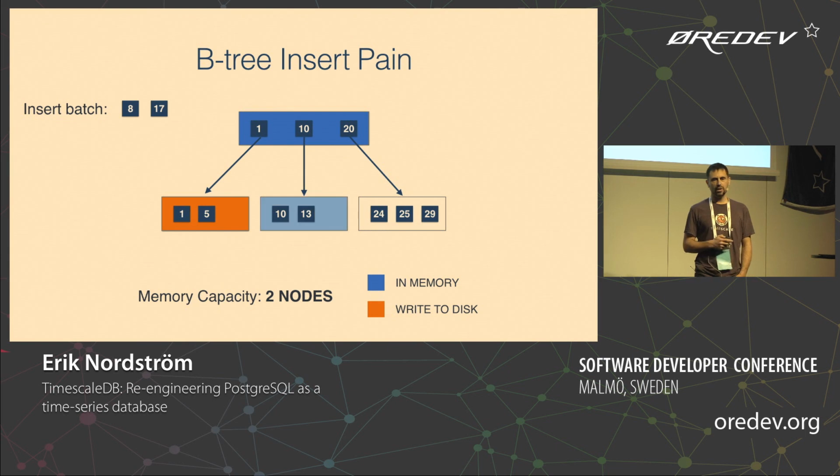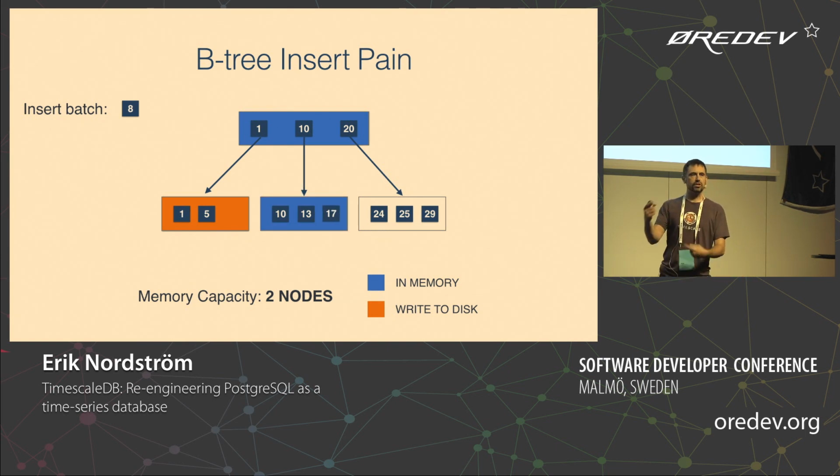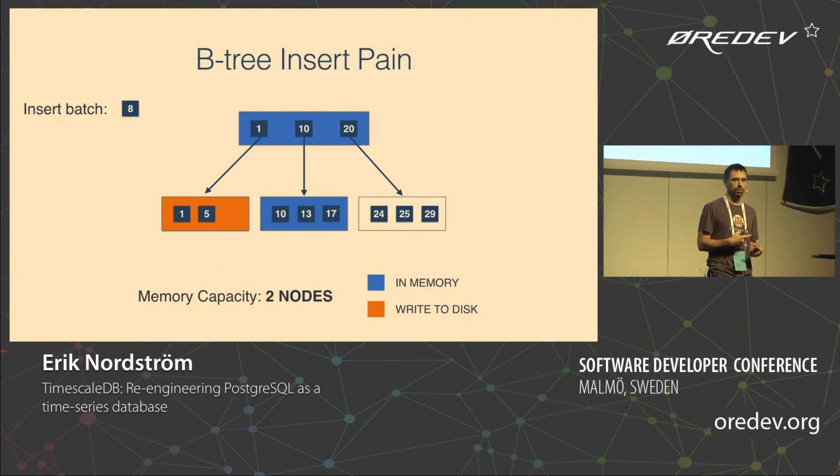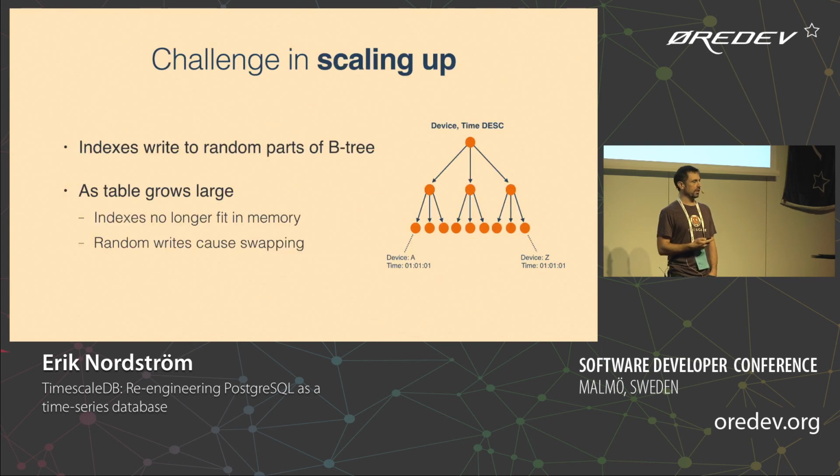But eventually you start to write to different pages and you need to start swapping them in and out of disk because you don't have enough memory. And because writes, especially to secondary columns, go to random places in this index, you have this kind of swapping behavior where at some point it just doesn't scale anymore because these indexes don't fit in memory.